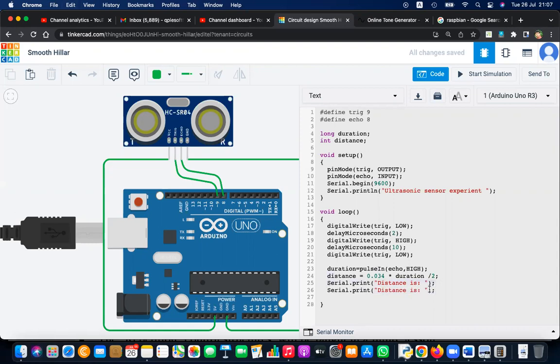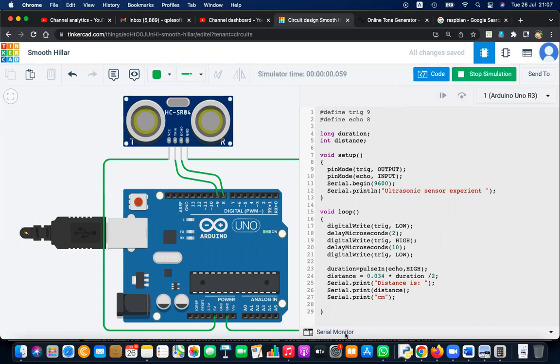You can print the distance that you have measured here. And this is measured in centimeters, please remember. So you have to write cm, right? Distance is distance cm. So let's run this.